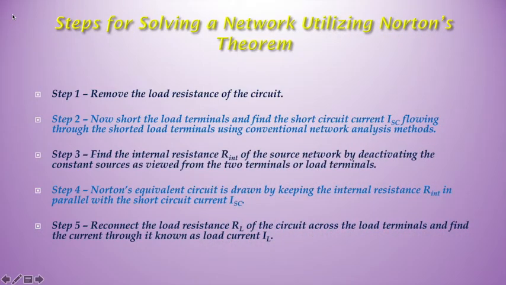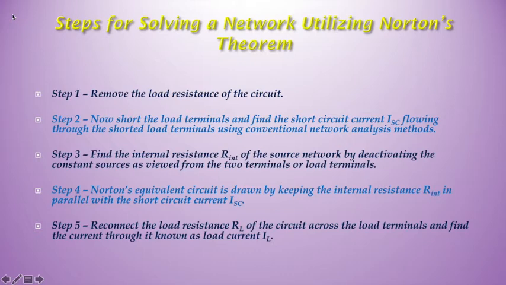Steps for solving a network utilizing Norton's theorem. Step 1. Remove the load resistance of the circuit. Step 2. Now short circuit the load terminals and find the short circuit current ISC flowing through the shorted load terminals using conventional network analysis methods.